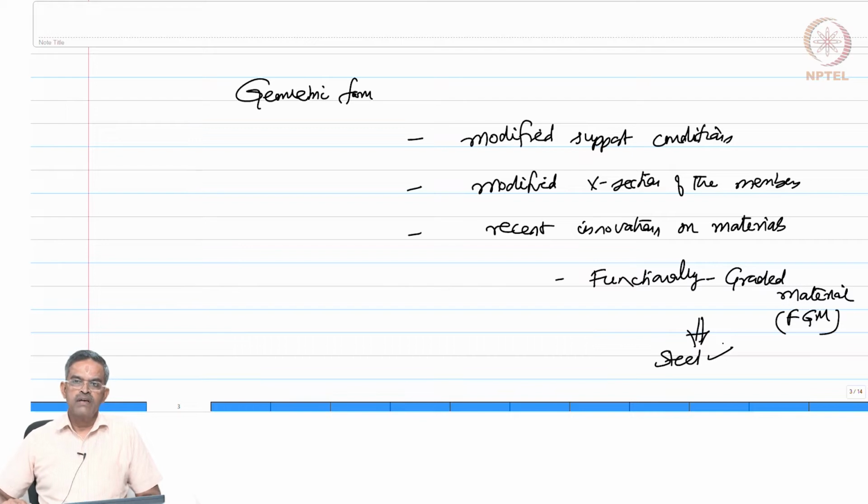So friends, when we draw our attention towards form dominant design, we are talking about the structural arrangement of members, that is, structural geometry.